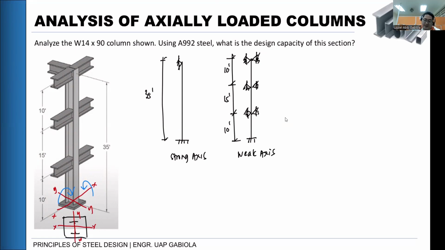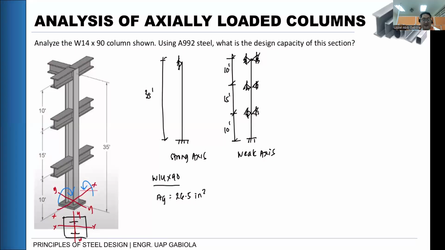Okay. So we have given yung section natin W14/90. Kunin lang natin yung property niya. So, una, yung AG, kasi gagamitin natin mamaya yung value ng AG. So, looking at your W-shaped table, the area is 26.5 inches squared.